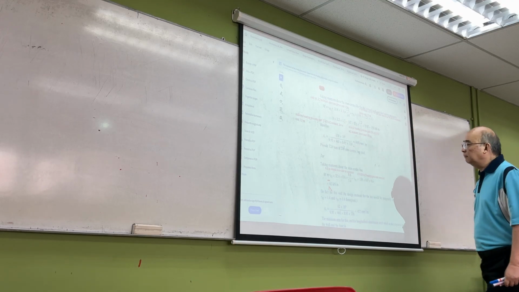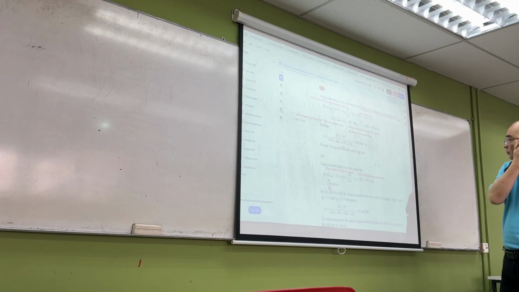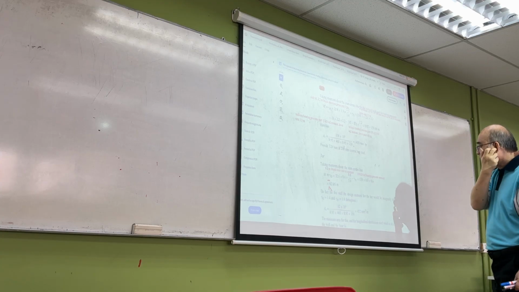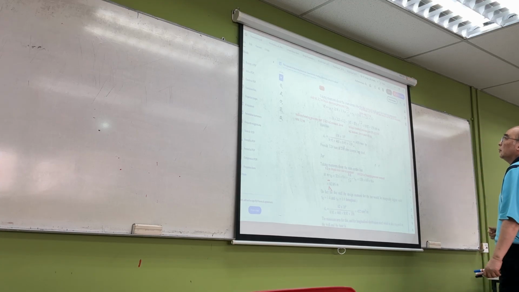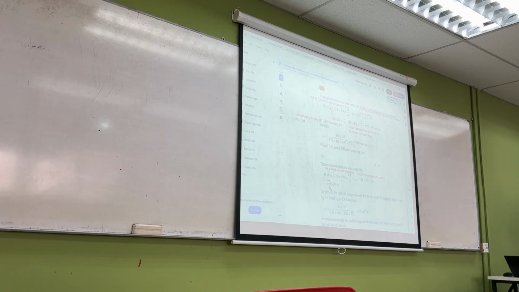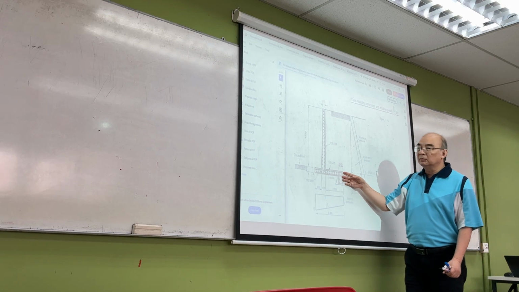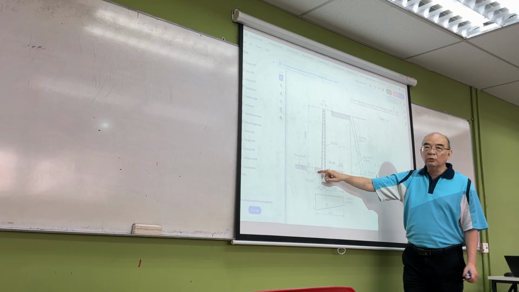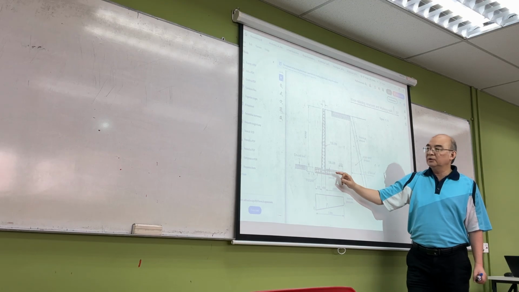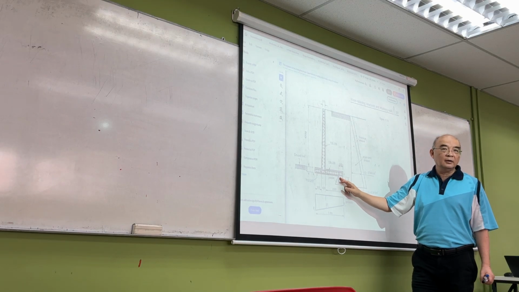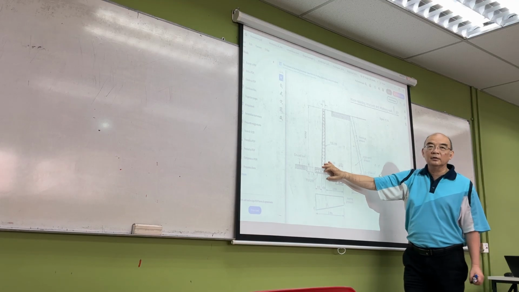So these calculations are actually for this problem. This is the toe, this is the heel, this is the front side, this is the back side. This is kind of like a foot, right?